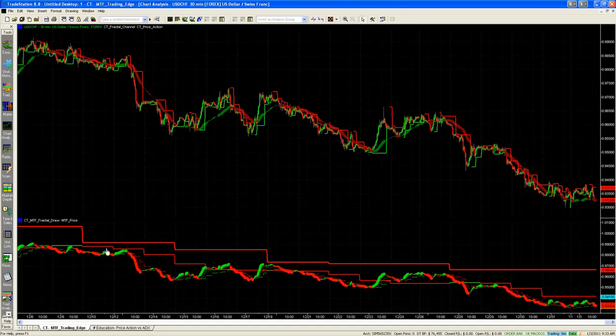And then you can see the multiple time frame price indicator is in a downward move, and you can see the pullbacks. This is showing the price pullbacks during periods like this. You can see the short-term fractal showing you the pullback, another push to the downside, a pullback, another push to the downside, a pullback, another push to the downside.